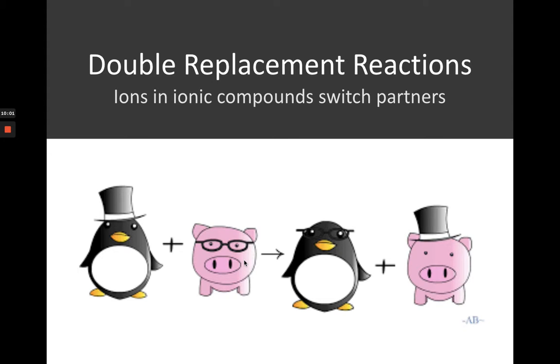And again, the cation would have to switch with the cation, or the anion would have to switch with the anion. And so you can see they switch the glasses and the hat. They like the other, and one of these two will be an ionic substance that is insoluble, that precipitates out of the solution. And we'll talk more about that as we go through.